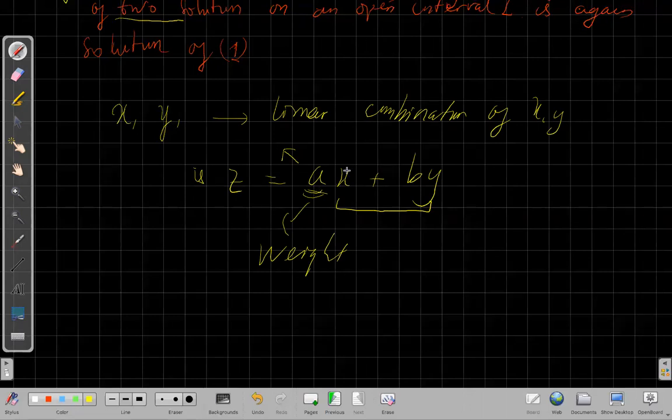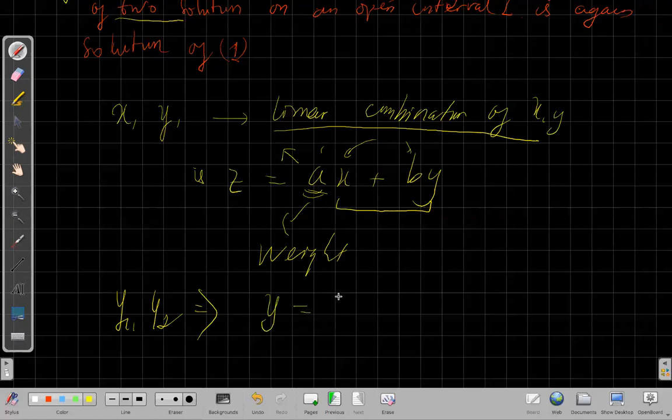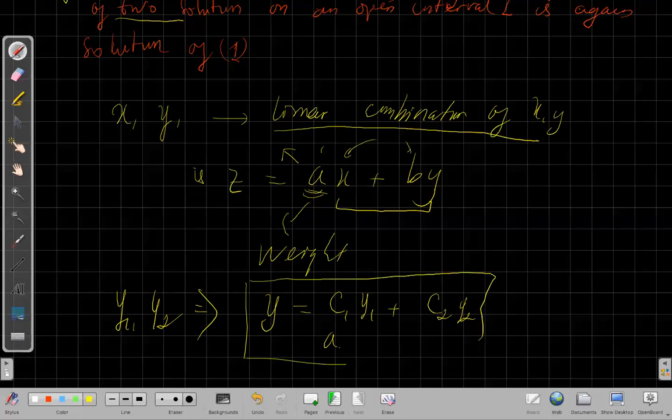We multiply this one with a constant and this one with a constant. So the linear combination of y1 and y2 is y equal to c1, or any arbitrary value, y1 plus c2 y2.